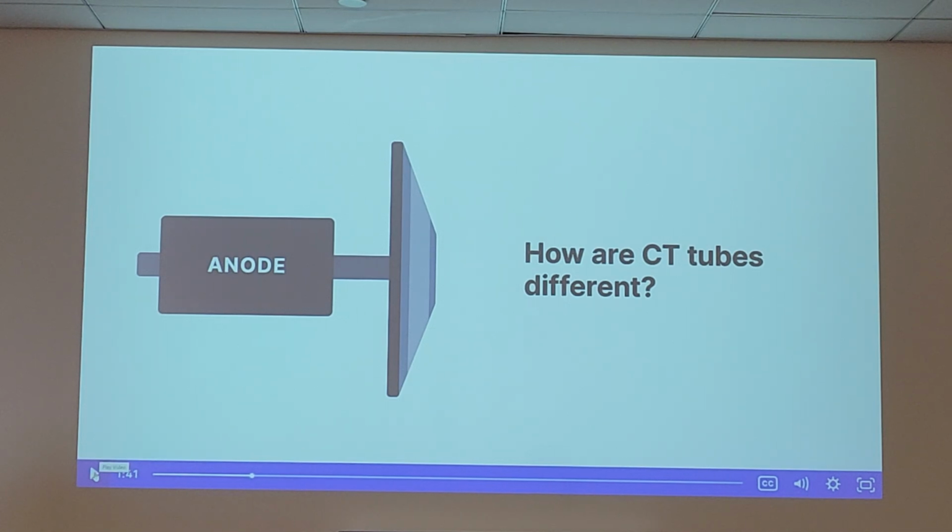So, one source of electrons comes from what side of the X-ray tube? Cathode. Electrons are rapidly moving over to the energized what side of the X-ray tube? Anode.